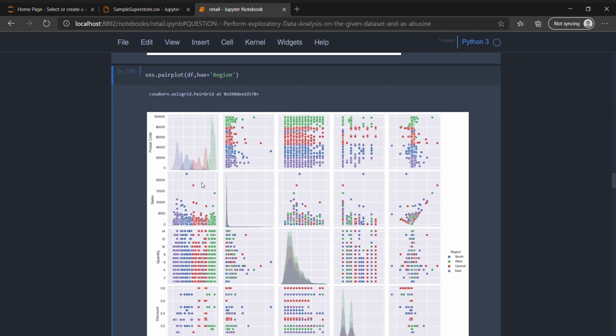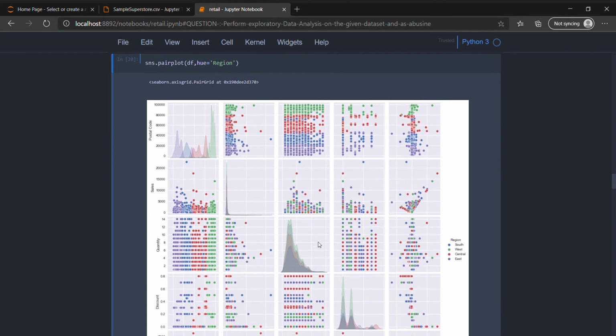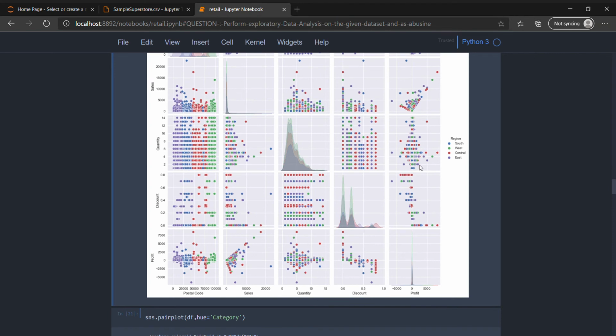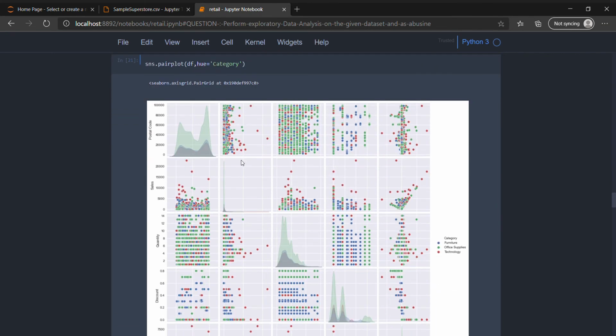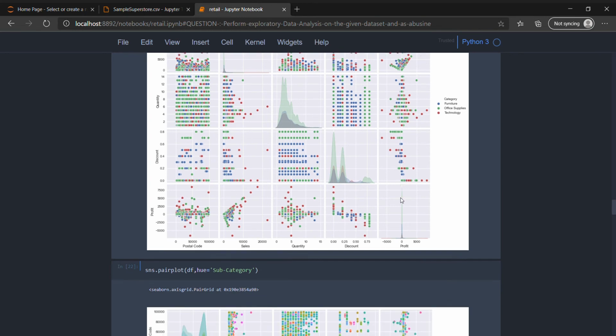So here under region you can see all the graphs. You can tell that the sales is high in the south region and the profit is high in the central region. Under category, you can see that technology has the highest number of sales, and again the profit is made by technology, which is very good.